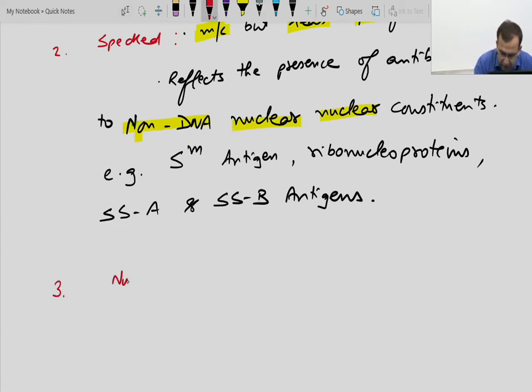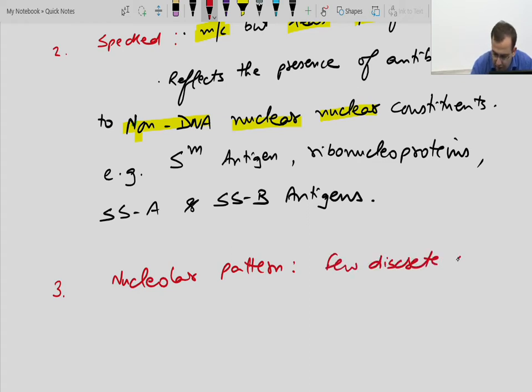The nucleolar pattern shows a few discrete spots against RNA, seen in systemic sclerosis.